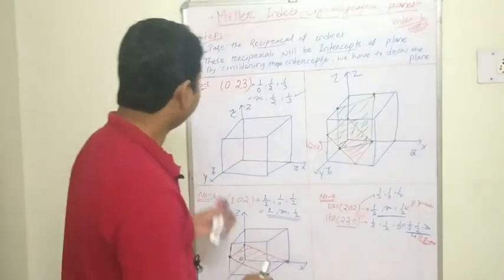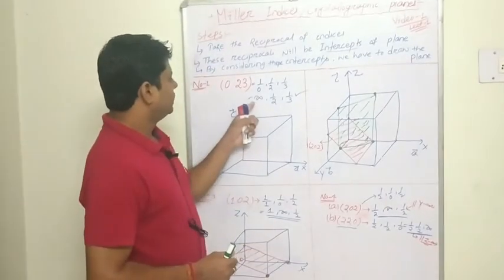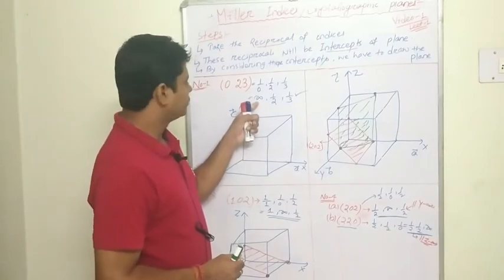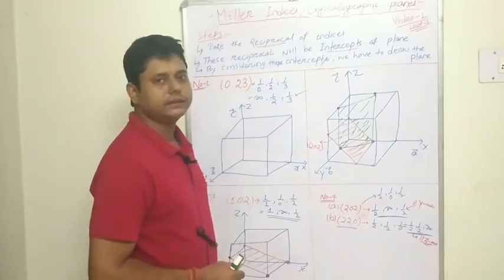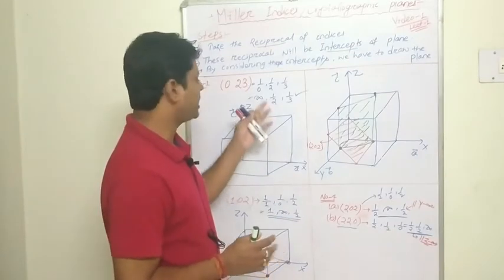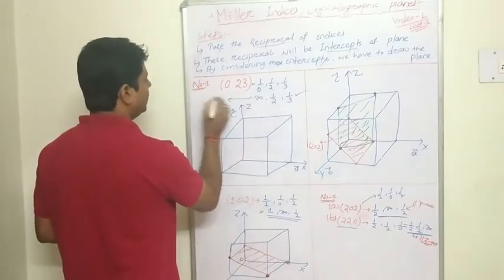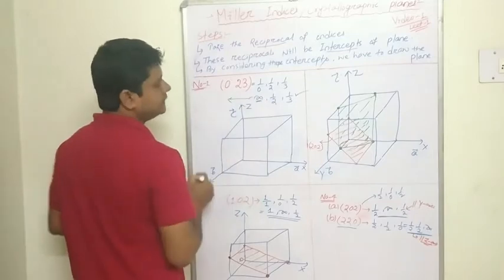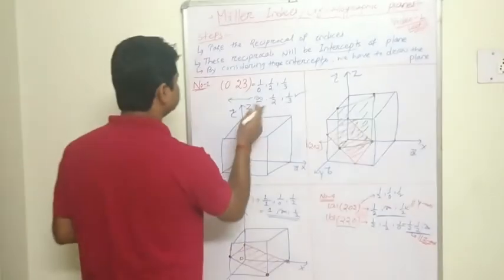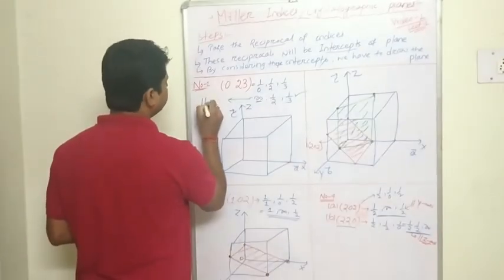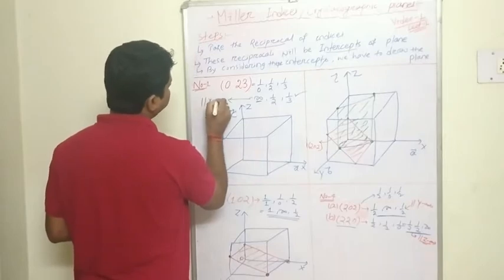Okay. Now here the intercepts indicate that the plane has to be parallel with the x-axis. That means its x-intercept is infinite, so this plane has to be parallel with the x-axis.